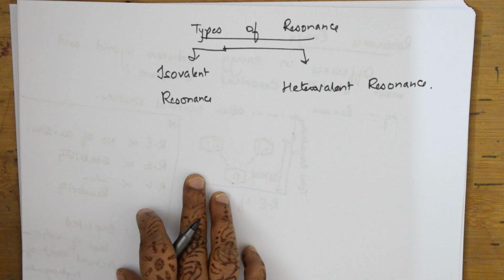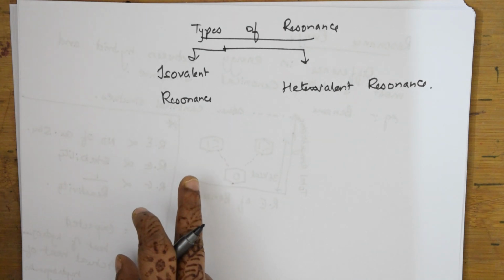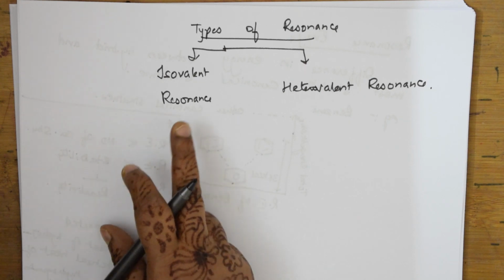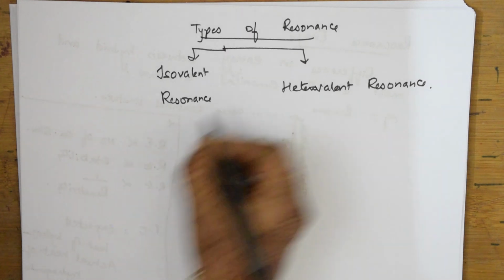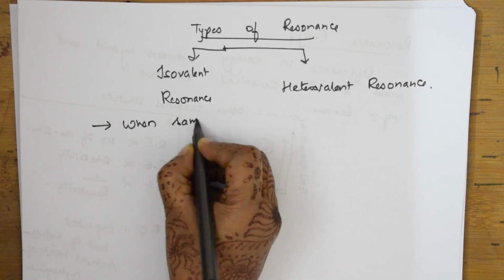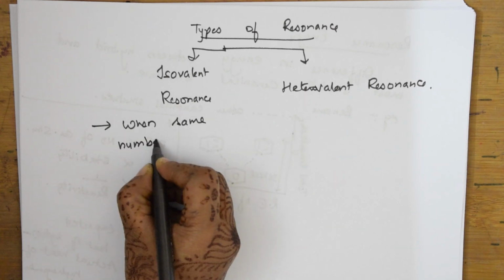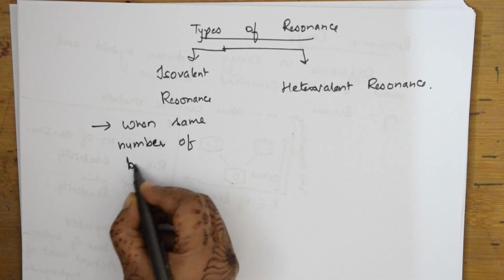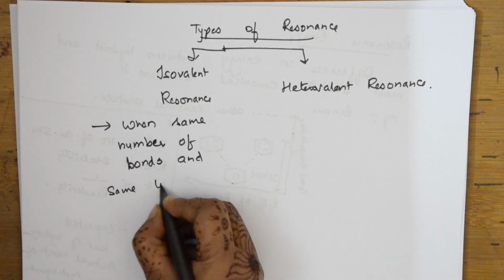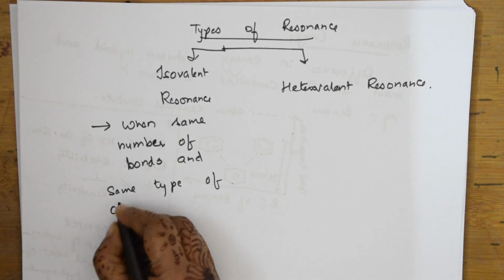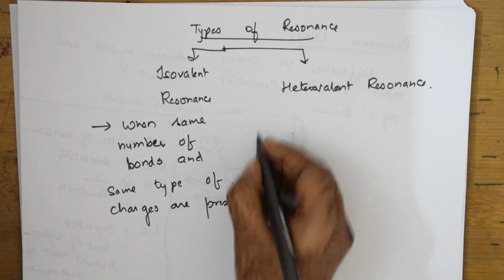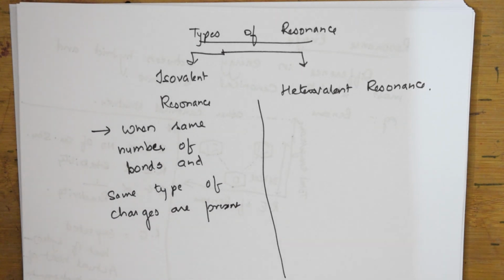So isovalent resonance means when the same number of bonds and the same type of charges are present. This is isovalent resonance.